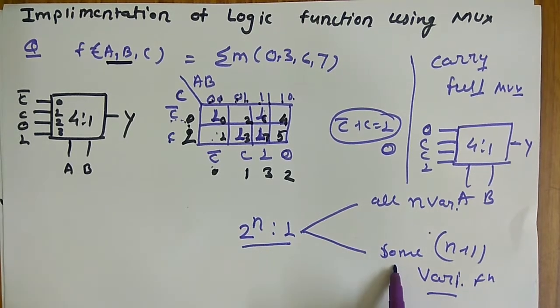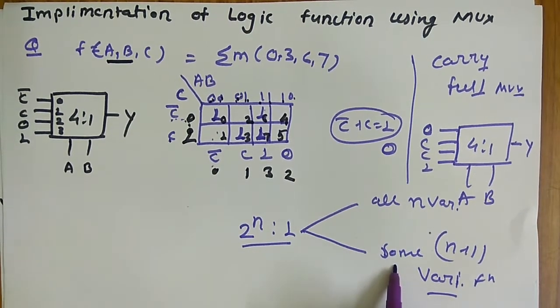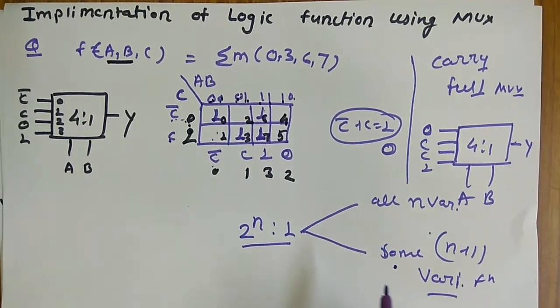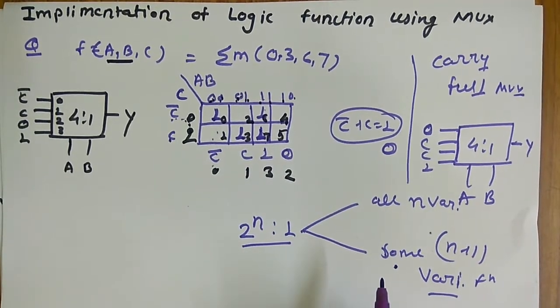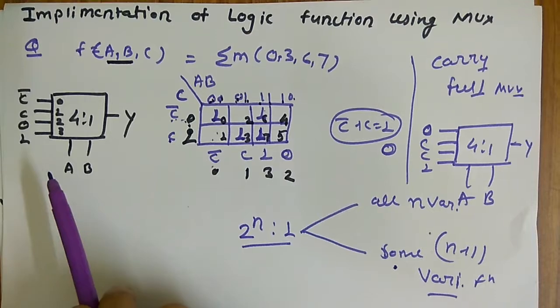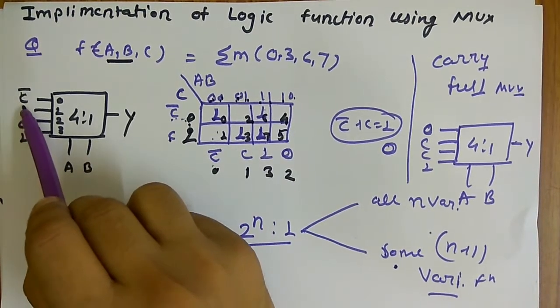Why I am saying some, because in others we need a NOT gate, like here we have seen that this one needs a NOT gate.